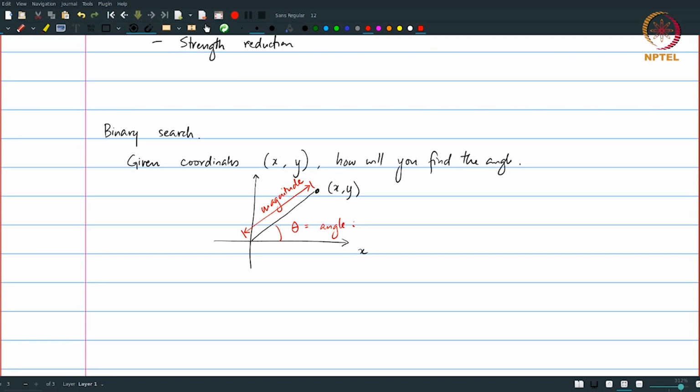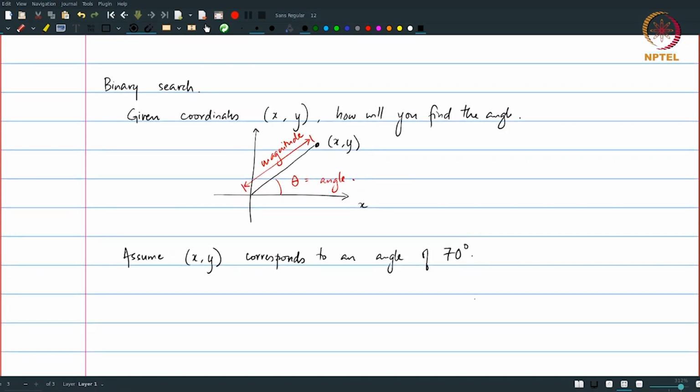Okay, so let's say that somehow this corresponds to an angle of 70 degrees, right? I do not know this ahead of time, but this is exactly the value that I am trying to estimate.